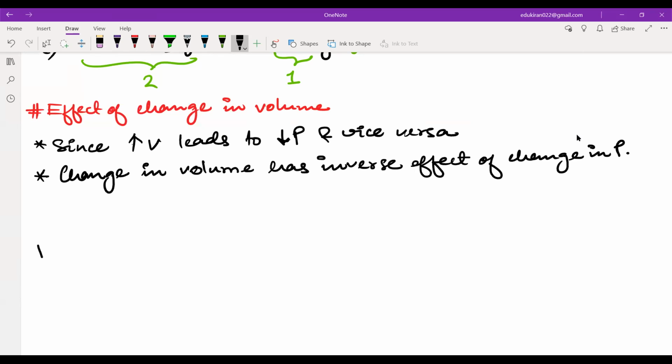So you can write, if volume is increasing, then what is happening? The pressure will be decreasing. So it will shift towards more number of moles.